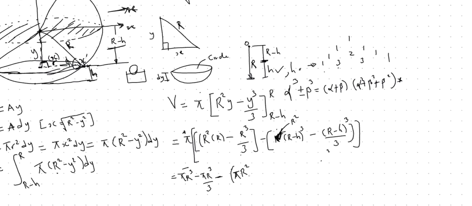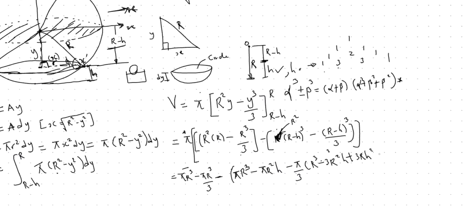Then minus pi r squared h, then minus pi over 3 into bracket r to the power of 3 minus 3r squared h plus 3r h squared minus h to the power of 3.